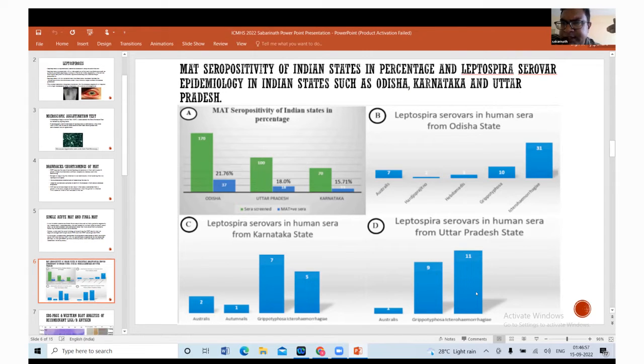And it is no wonder that Odisha has the maximum seropositives. Why? Because Odisha is ravaged by cyclones, and between cyclones and incidence of leptospirosis there is an intricate connection.